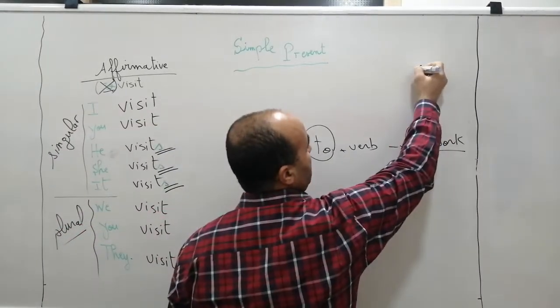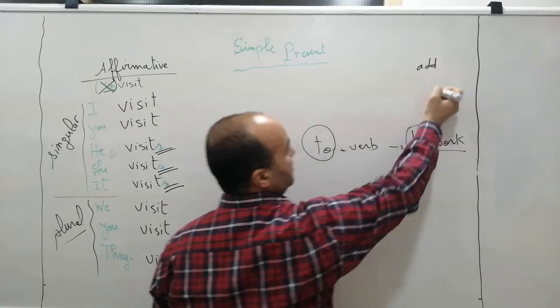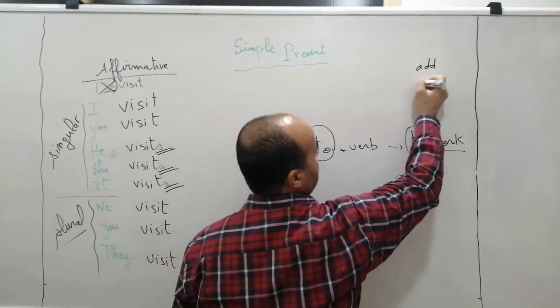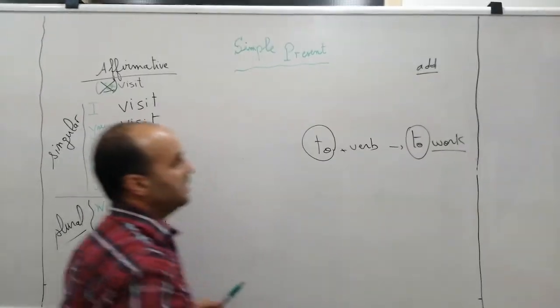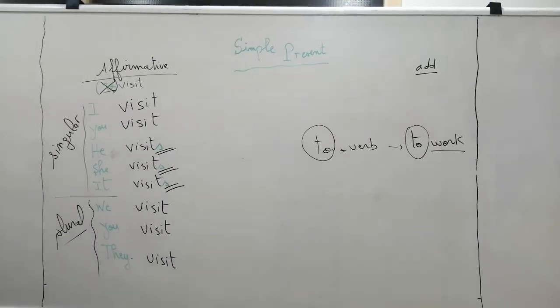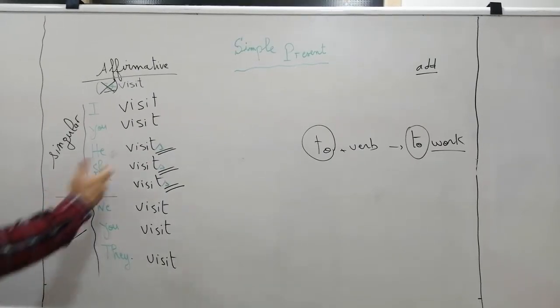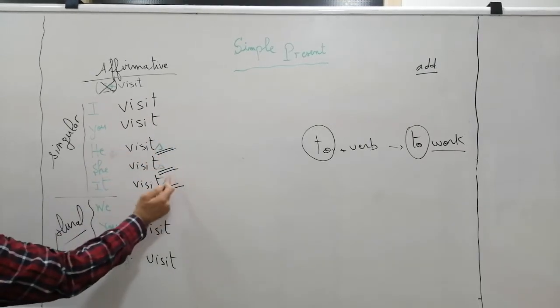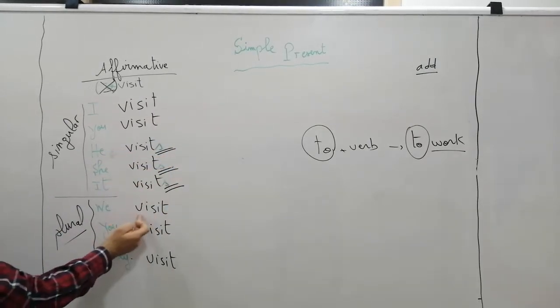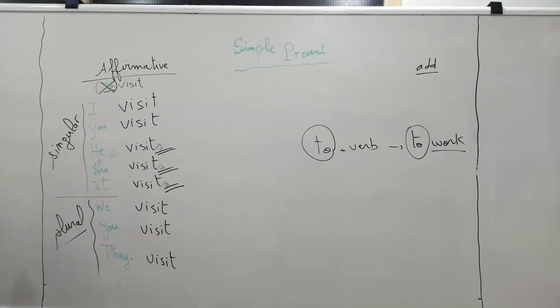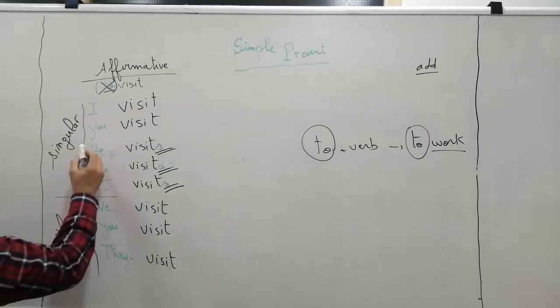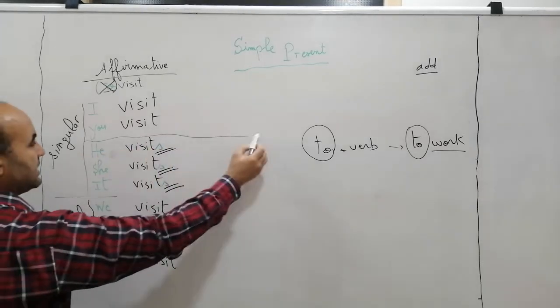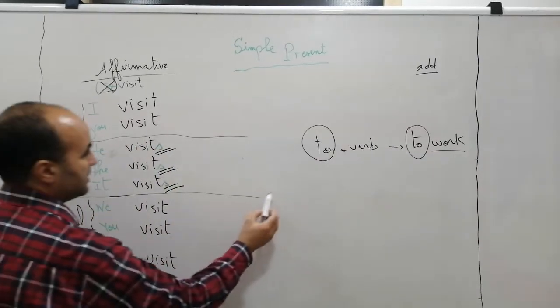Remember some verbs, try please to jot them down. Add, ajouter, يضيف, I add. Good. I visit, you visit, he, she, it visits, adding the S, we, you, they visit, no change. I think it's easy.